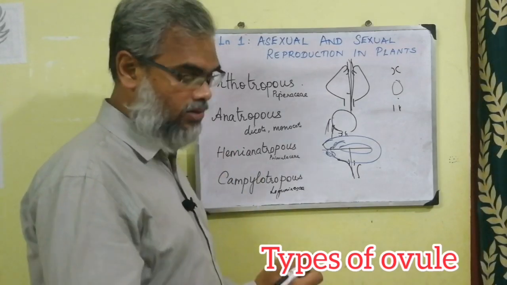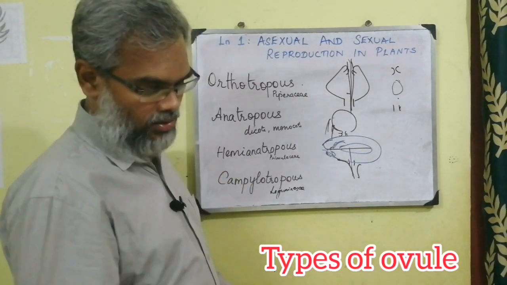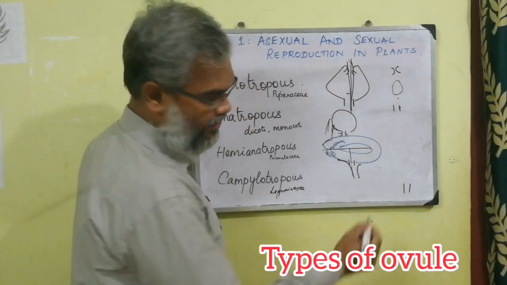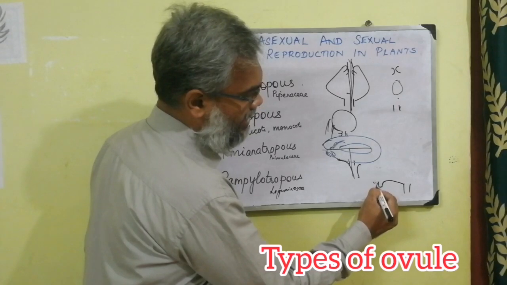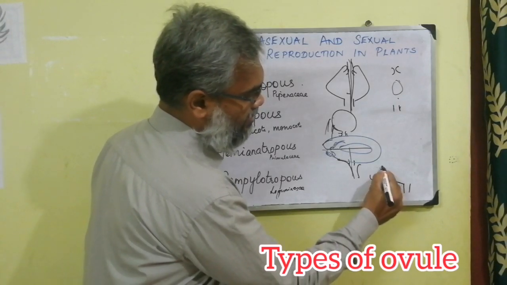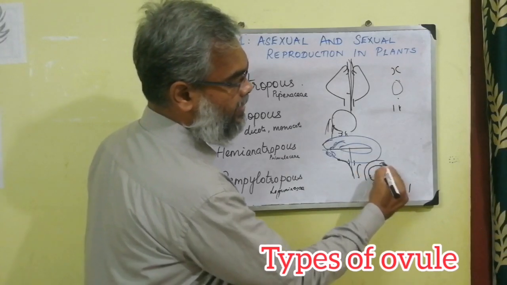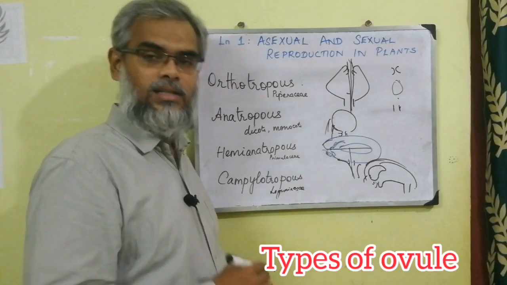The embryo sac inside will be totally curved. The funicle will be present here, the micropylar end, and the embryo sac will be present somewhat like a bean shape. So the ovule will be present like this.